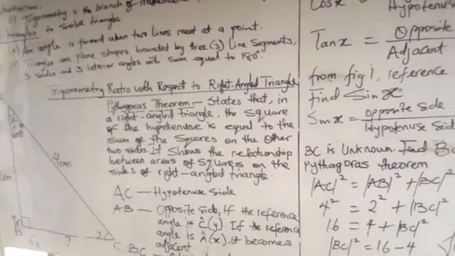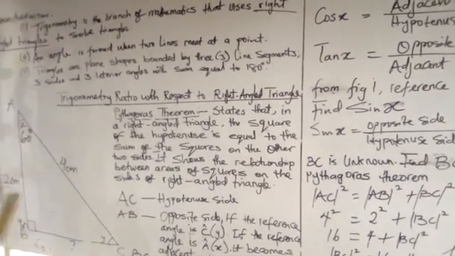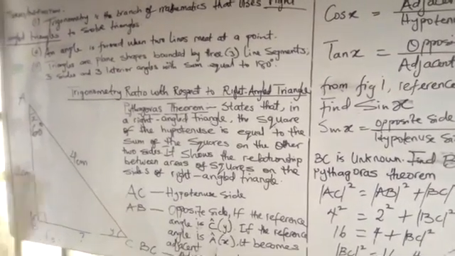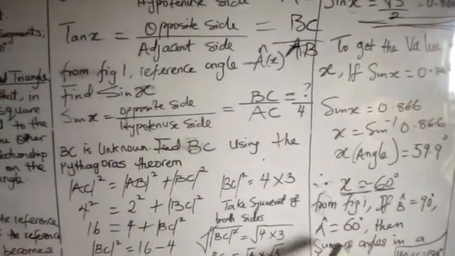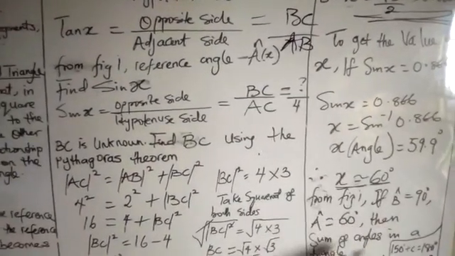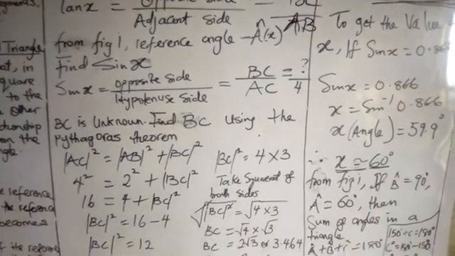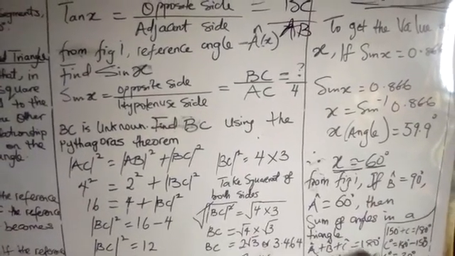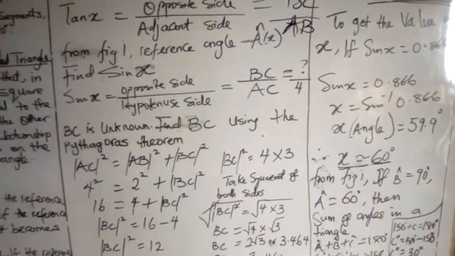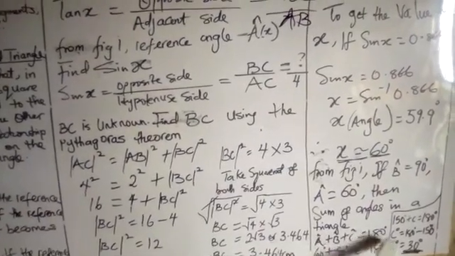Okay, now let's go. If you have been given two of the three angles, then it's easy. What you need to do is, from figure 1, since angle B is 90 and angle A is 60, then the sum of the angles in a triangle should be 180. So add the angles together. A plus B plus C is equal to 180.